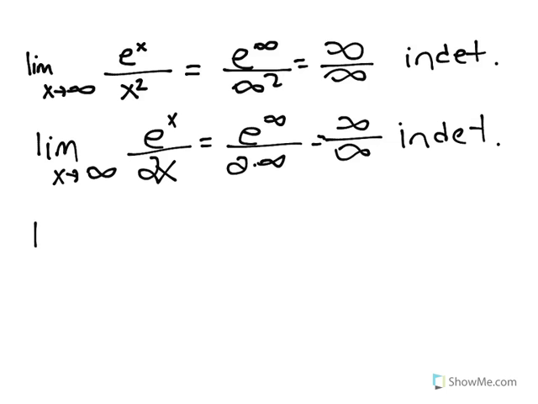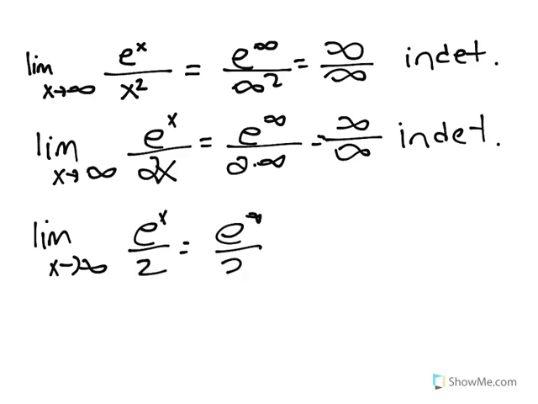I can do the problem again. Let's use L'Hopital one more time. e to the x over 2, which equals e to the infinity over 2, which equals infinity over 2, which is infinity. The limit of that is infinite.